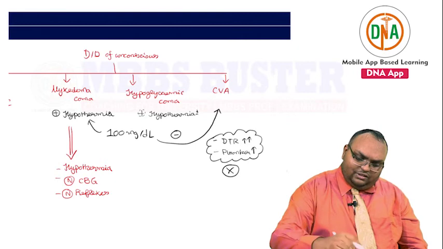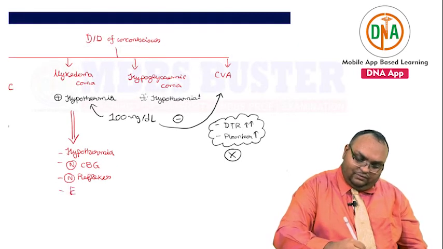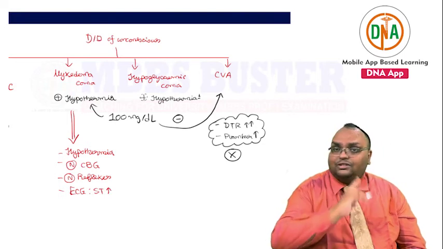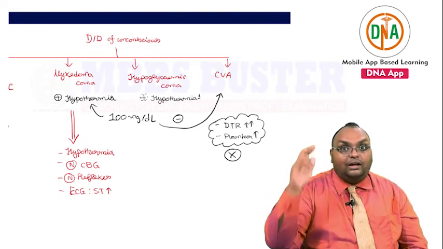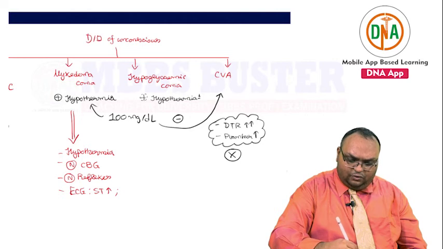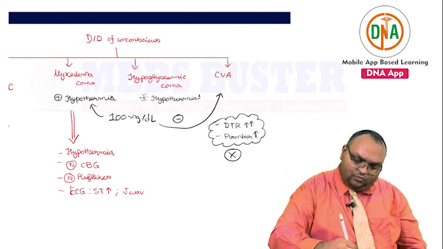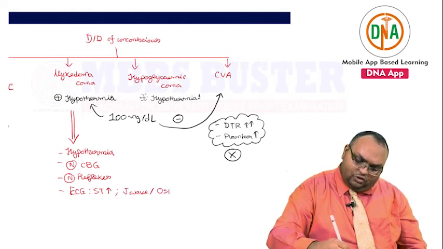And in the ECG finding, you have an ST elevation with a tall T as well, and you have a special wave on the ECG. If you could see it, it is known as the J wave or Osborne wave. This is the wave we were talking about.